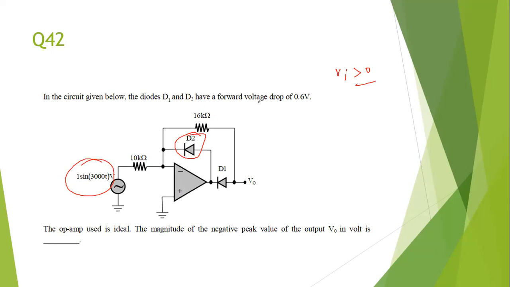Now, in that case, what will happen? The circuit becomes, this is 10 kilo ohm. This is your V input. This is negative, this is positive, this is ground.